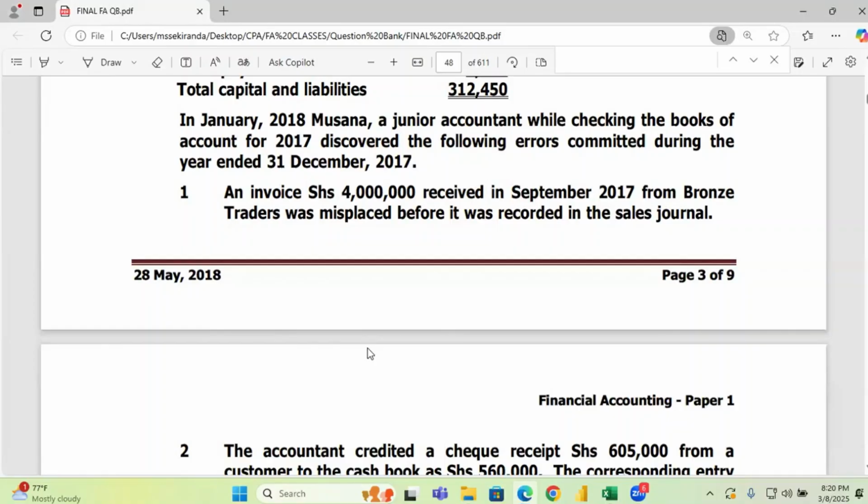Guys, did we do journals or we didn't do journals? So I feel it is cash or debtors accounts.